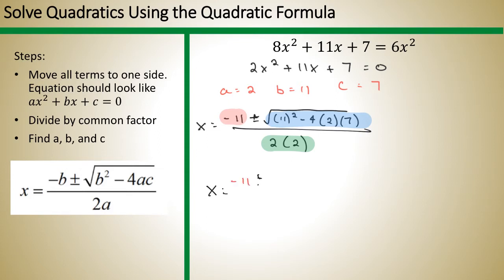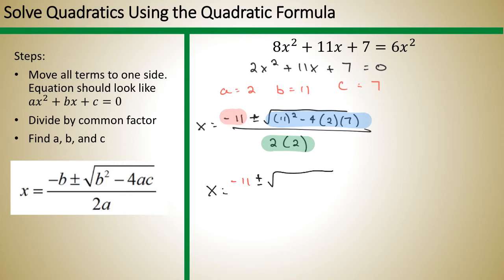plus or minus the square root of, and then I'm going to type that stuff into my calculator, 11 squared minus 4 times 2 times 7, that's going to be 121 minus 56. And let's see here.